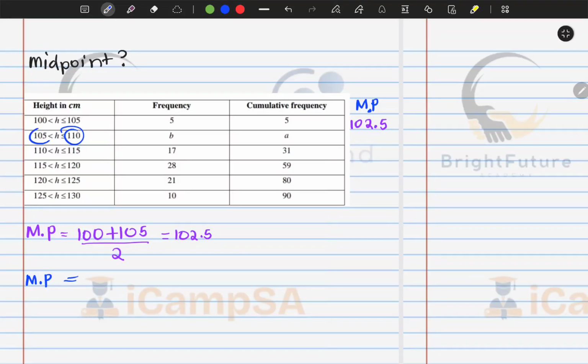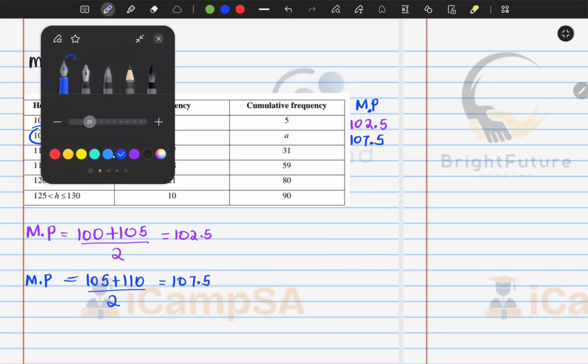Now we're looking at this here, so it becomes 105 plus 110, all divided by 2. We go to our calculator, 105 plus 110 divided by 2, and what you end up getting is 107.5. So you end up having 107.5.